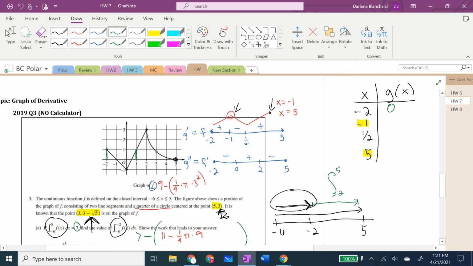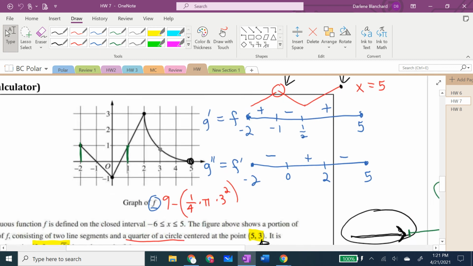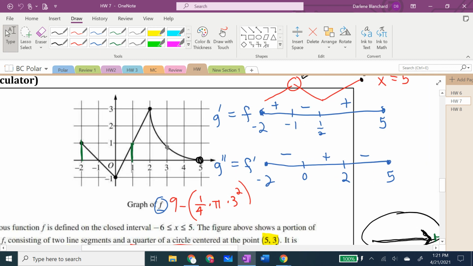And do you remember what that was actually, and by the way, if you're a little bit confused about which region do I need to look at area, draw vertical lines from the function to the x-axis.